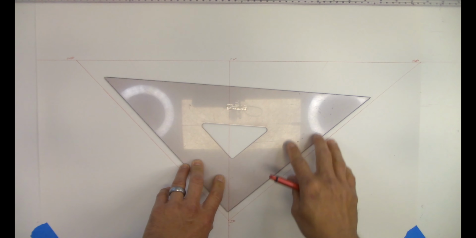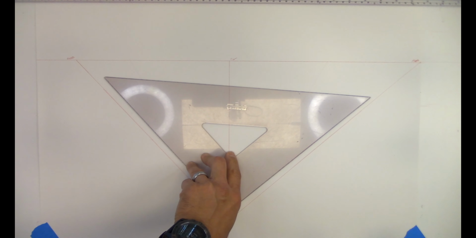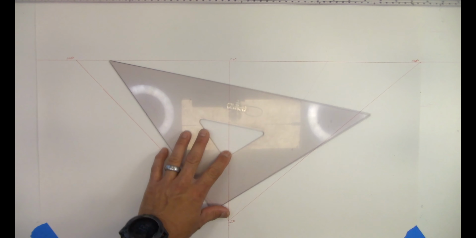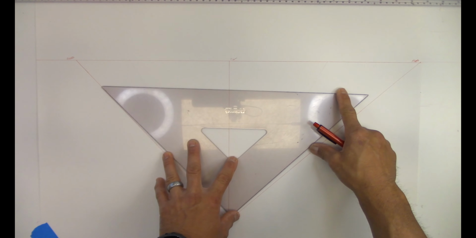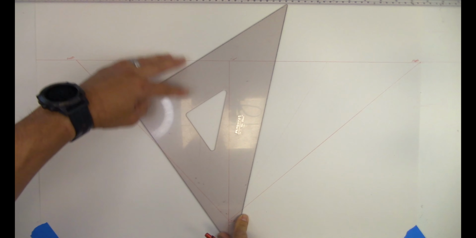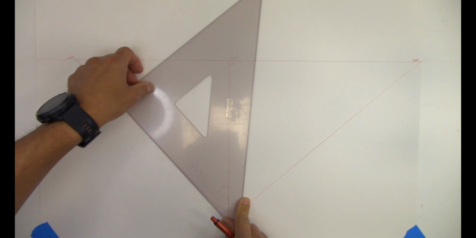At least we should. I know some of you don't, and you're going to wish you had one. Okay, so you're going to get this, and all you're going to do is rotate it so it does this.